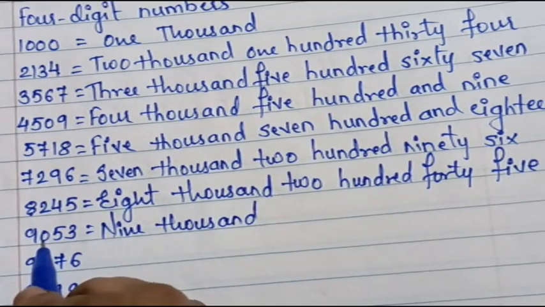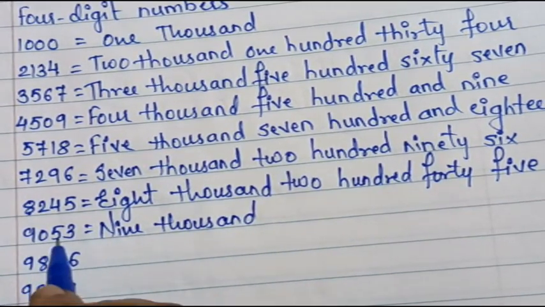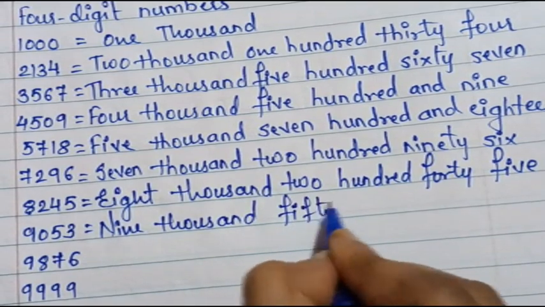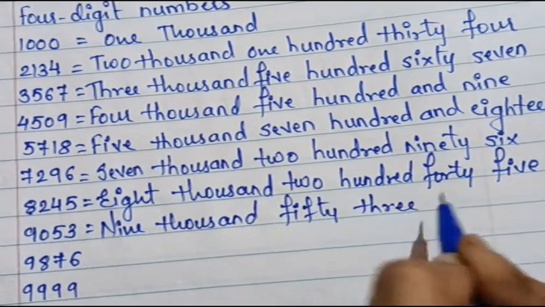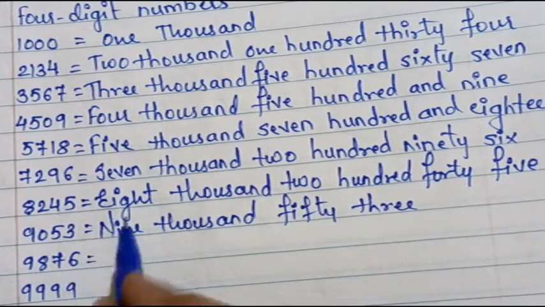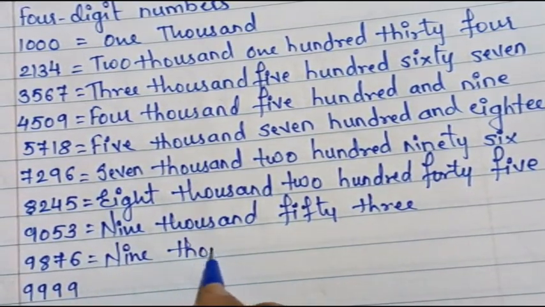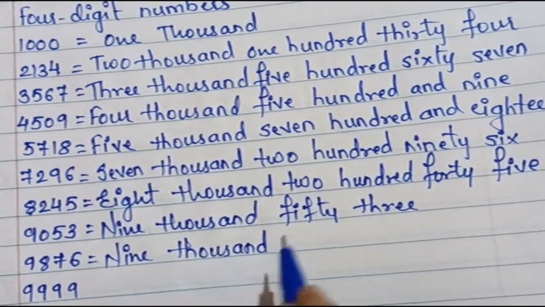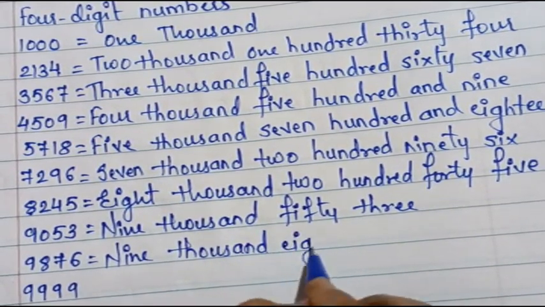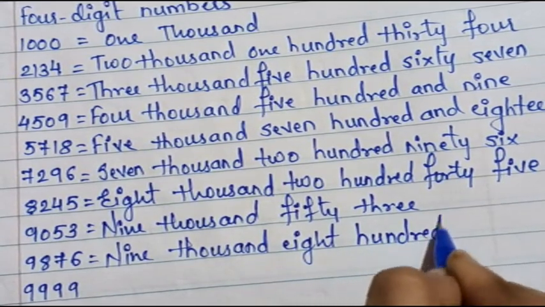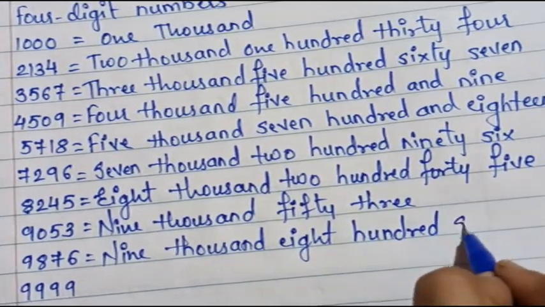There is nothing at hundreds place. We will leave the 100 place and you will write directly 50. 9053. Okay, next 9876.